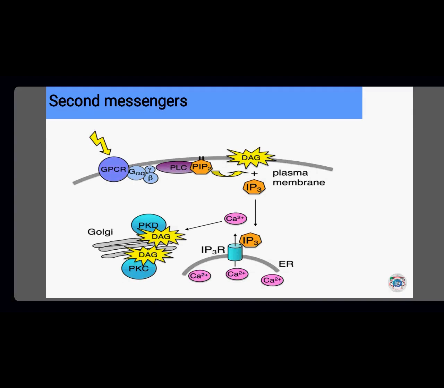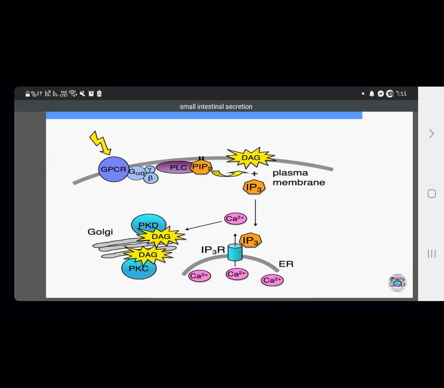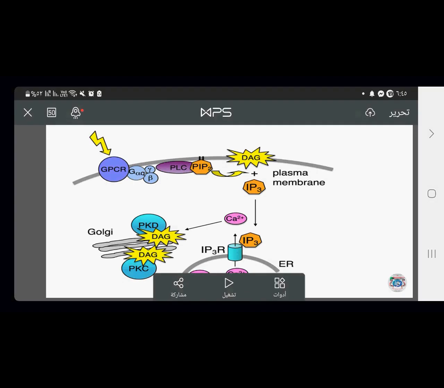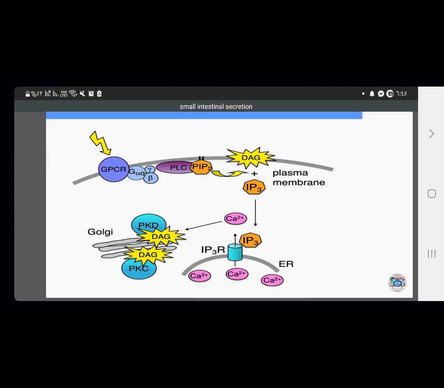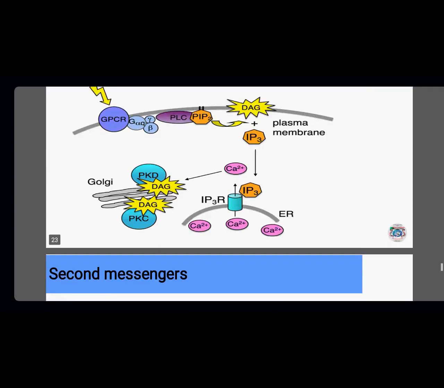This binding of IP3 with its receptor releases calcium from the endoplasmic reticulum, and the calcium in the cytoplasm goes together with diacylglycerol through protein kinase C, which gives us the physiologic action.